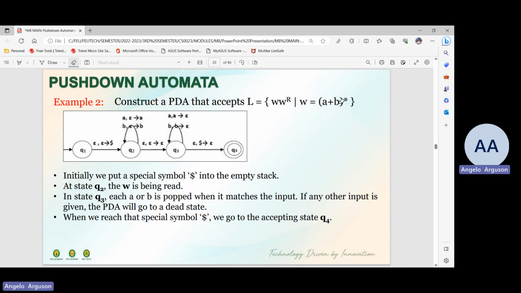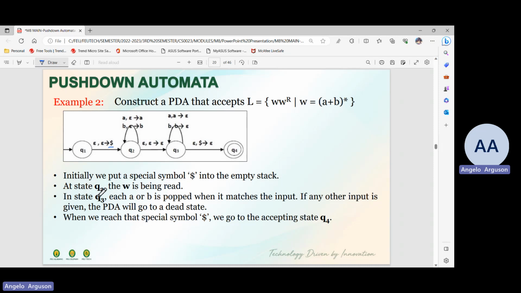Which means that either A or B will be selected and then they will be repeated or not repeated. Remember, that's how a star or Kleene star works for a certain string. So initially we put a special symbol again, our dollar sign to initiate things for our empty stack.